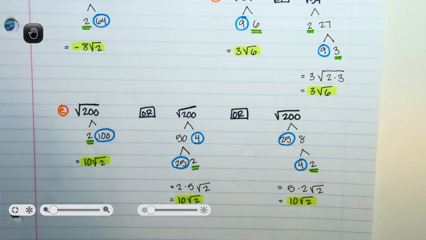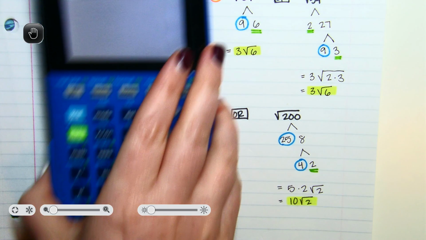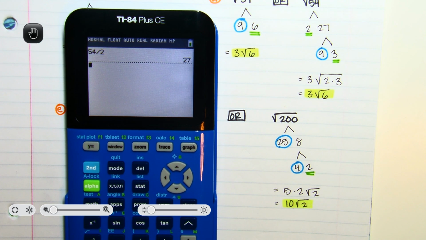And if you're struggling with how to find what goes into the numbers, for example, the 54, you can just use a calculator. So do 54 divided by 2. So your tree can be 2 times 27. Or 54 divided by 3, your tree could be 3 times 18.